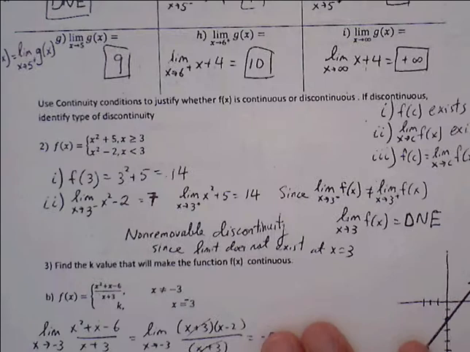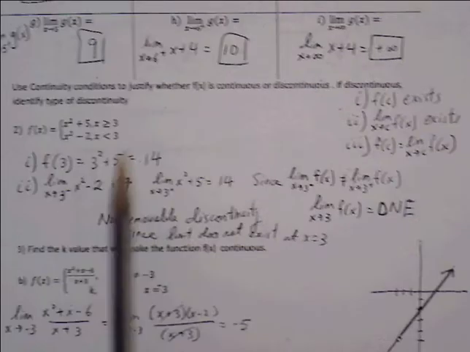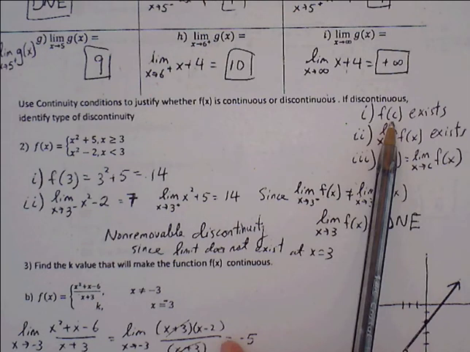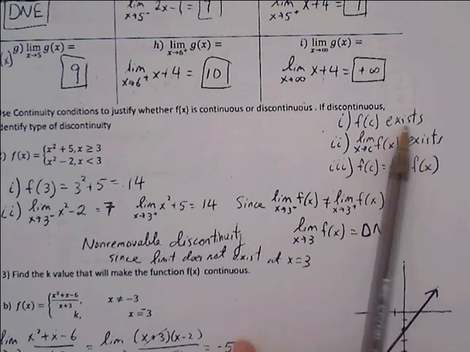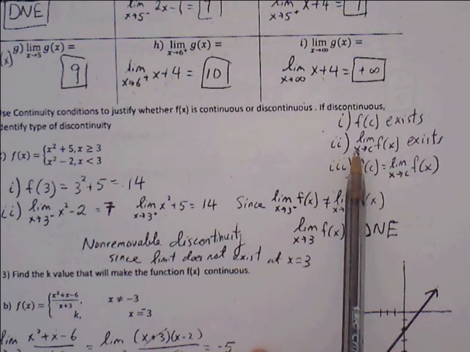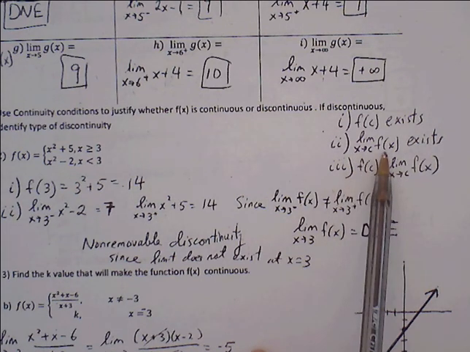Okay, number 2, use continuity conditions to justify whether f of x is continuous or discontinuous. If discontinuous, identify each type of discontinuity. Okay, just to review, continuity conditions. First is, does the point exist? Second, does the limit exist? And a lot of times we may have to go a little bit further and test the one-sided limits from the left side and from the right side of c to see if they agree.